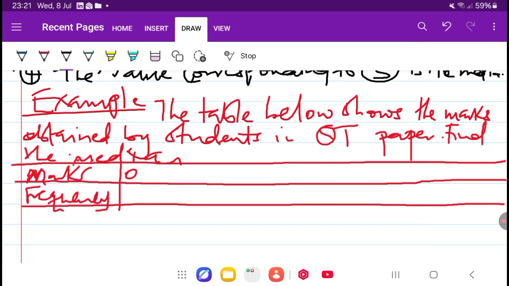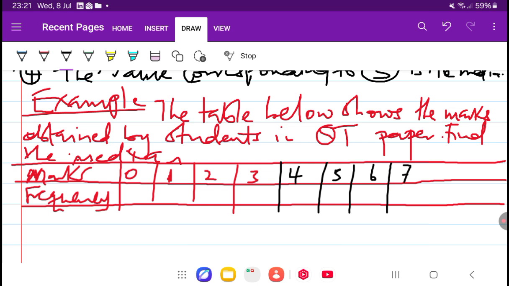We have 0, 1, 2, 3, 4, 5, 6, 7, 8, 9, and then 10.